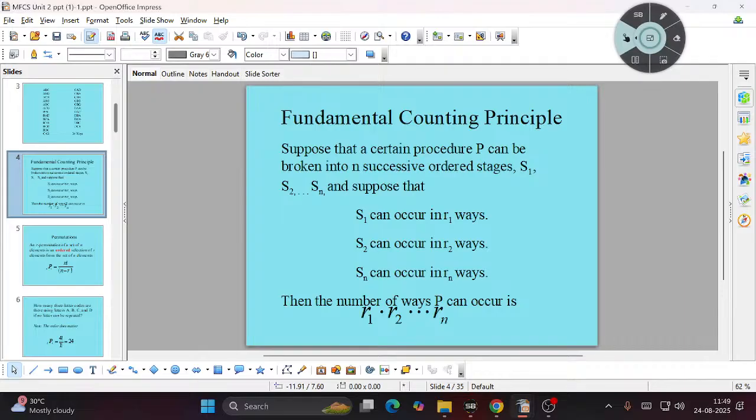Then the number of ways P can occur is R1 dot R2 dot, and so on up to Rn ways. This is the fundamental counting principle.